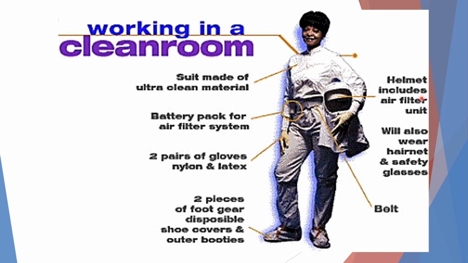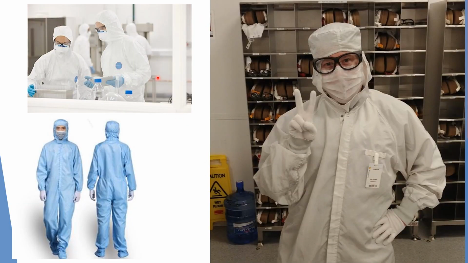There is also a helmet, which includes an air filter unit, and there are belts so that you can position your gown properly. So here is how people work in the gown, or in the suit, for the clean room.